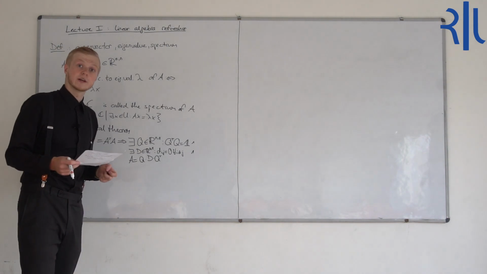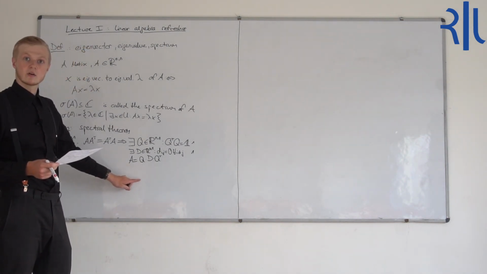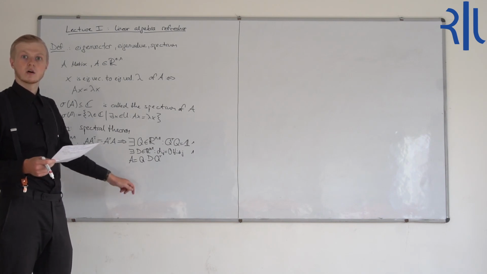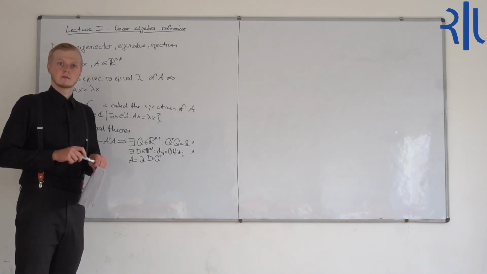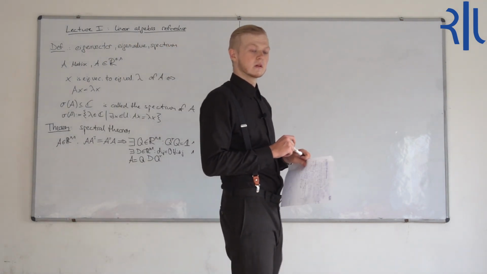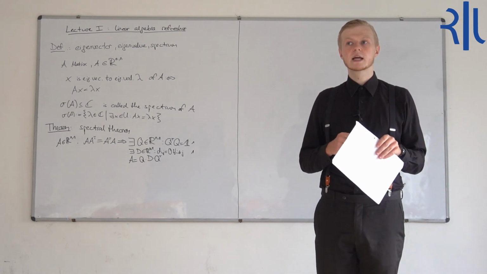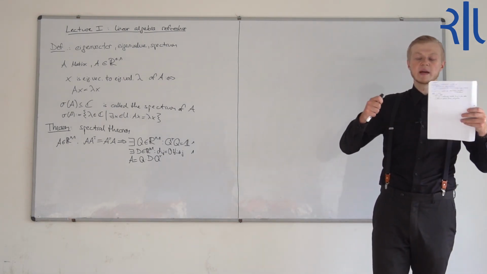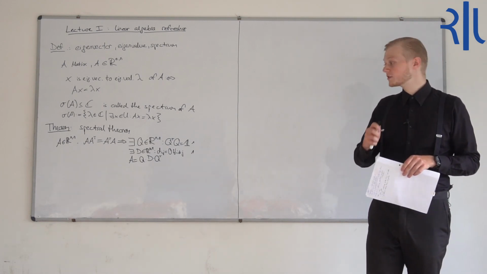So one thing to note here is that this means that A, or the span of A, has an orthogonal basis of eigenvectors. That means we have a basis of the Rn that is made out of the eigenvectors of A, and the eigenvectors of A are also orthogonal.